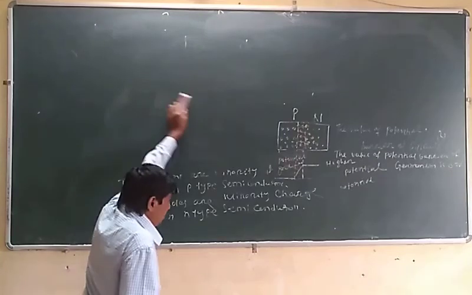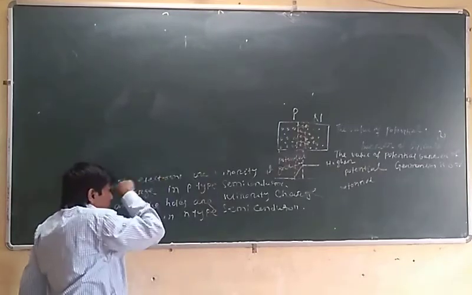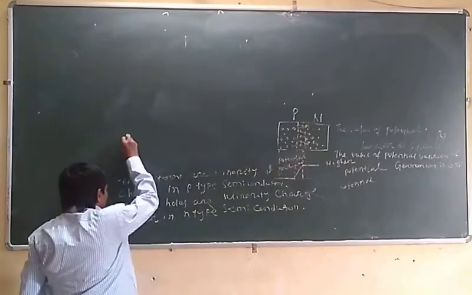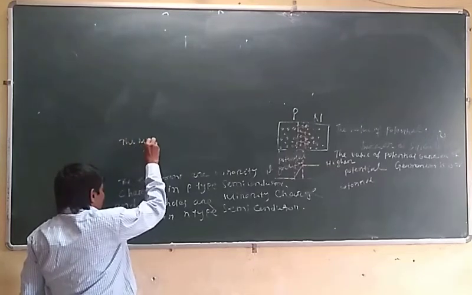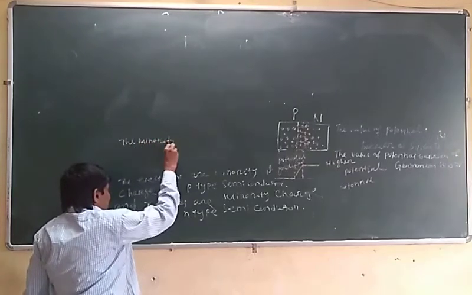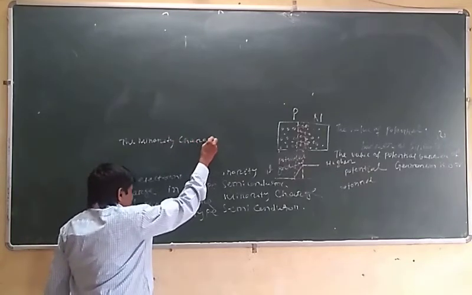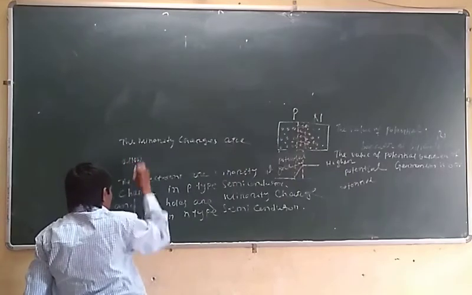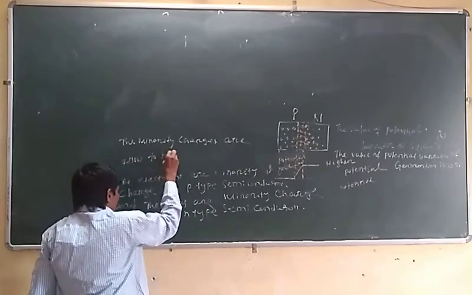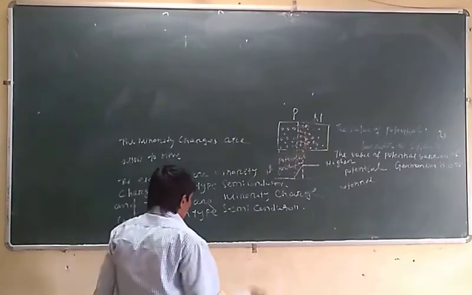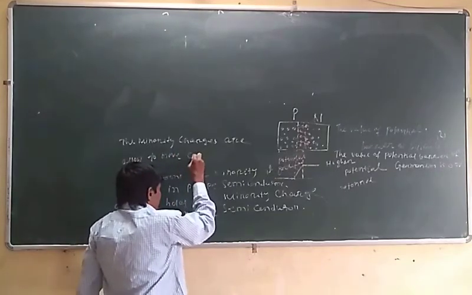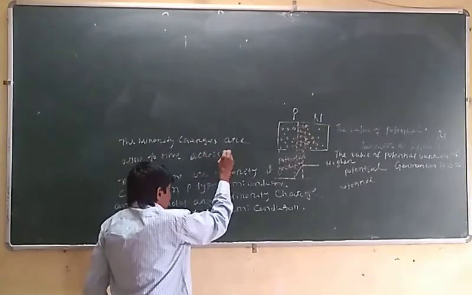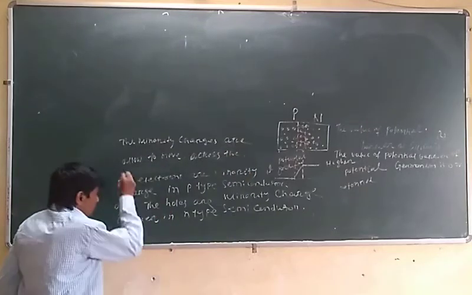So in this consideration, the minority charges are allowed to move across the barrier potential.